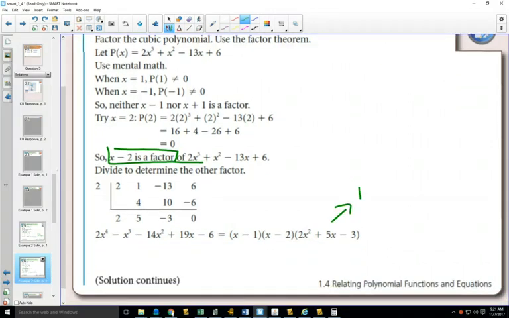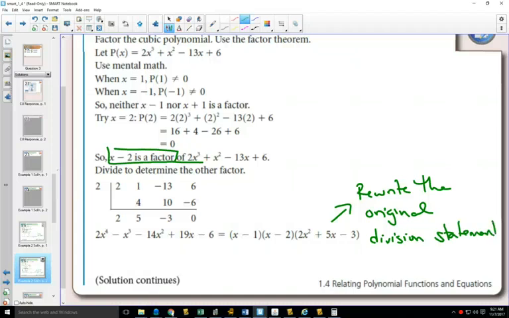And then what we have here is your original division statement. You already knew that x minus 1 was a factor from before, and now you know that x minus 2 is a factor, and you could write what's left as the 2x squared plus 5x minus 3.